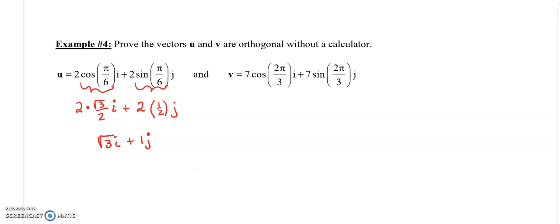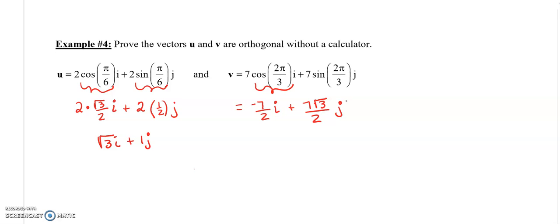I'm going to go ahead and do the same thing with vector v. Cosine of 2 pi over 3. So now I'm in quadrant 2, and that gives me a negative ratio for cosine. And so I will have negative 1/2. So I have negative 7/2 i. And then sine of 2 pi over 3, sine in quadrant 2 is positive. So I have 7 root 3 over 2 j.